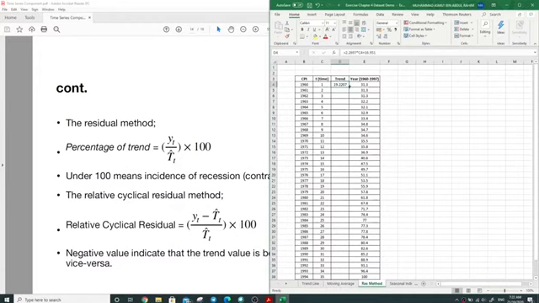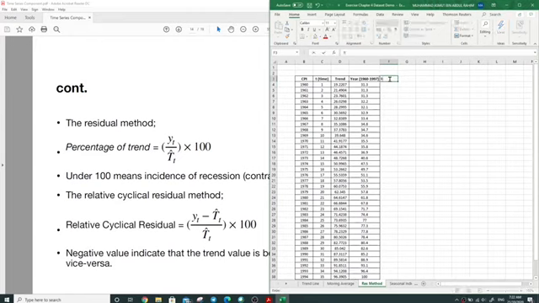For the residual method, the formula is Yt over Tt, where Yt is the actual value over the estimated trend component, times 100.